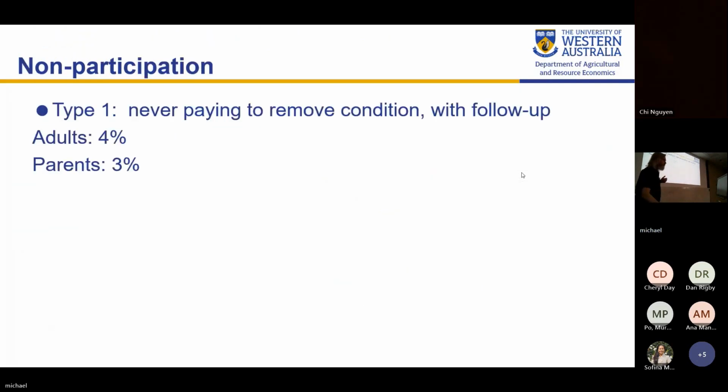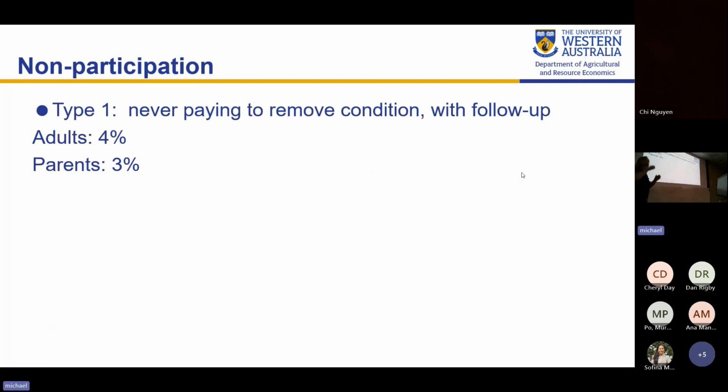But if you go back into the data and look at non-participation, we've got two types of definition of non-participation. The first one is that in the choice sets, they never pay to remove the condition. They're in the choice sets, but they never agreed to any of the options with the payment vehicle.